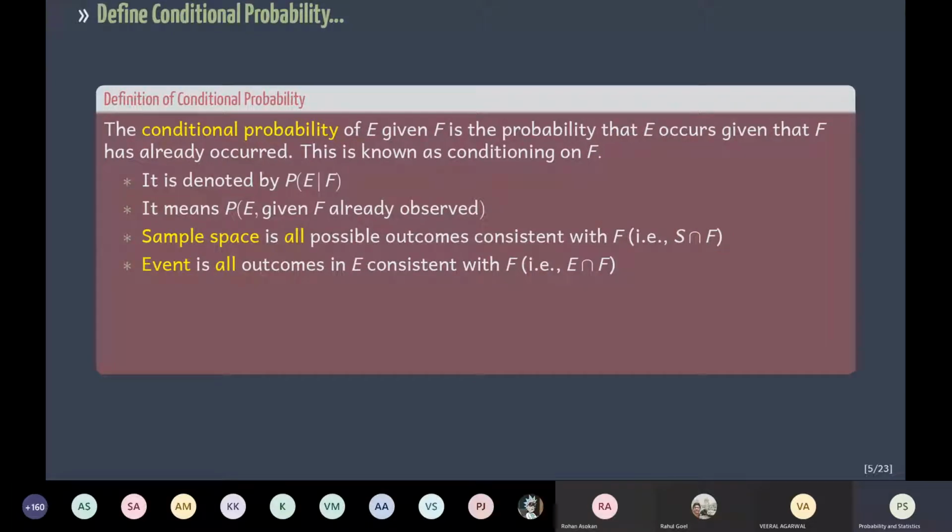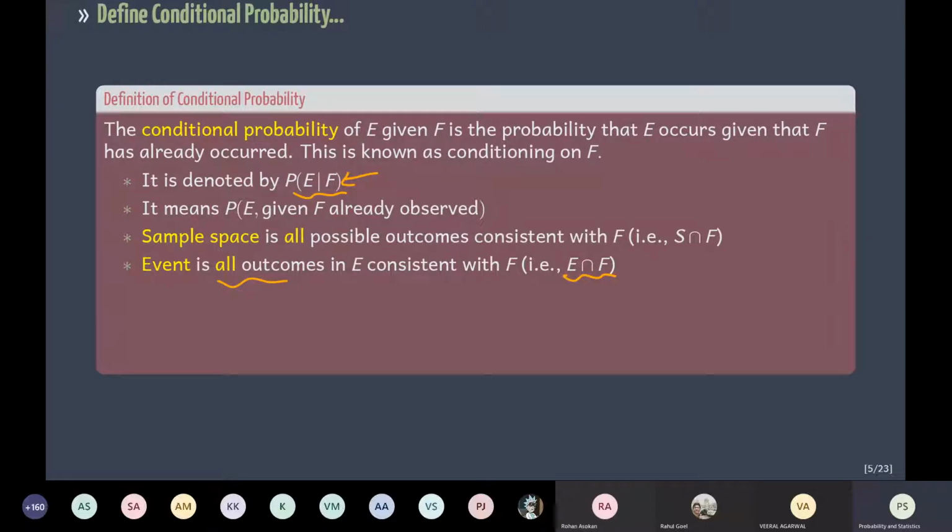The event is all outcomes in E consistent with F. Since you are considering the probability of the event E given F, the only thing that matters in the output is E intersection F. Anything that is not intersecting with F is no longer valid, because you are asking for the event E where you are already given that F has been observed. If E has nothing to do with F, then it's a different thing.